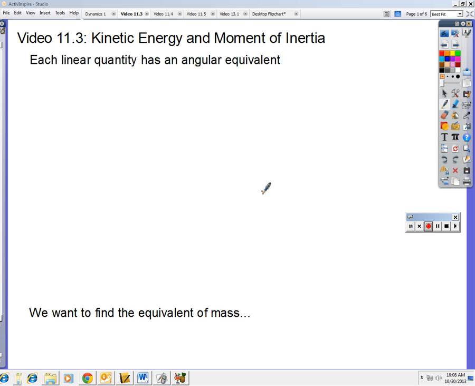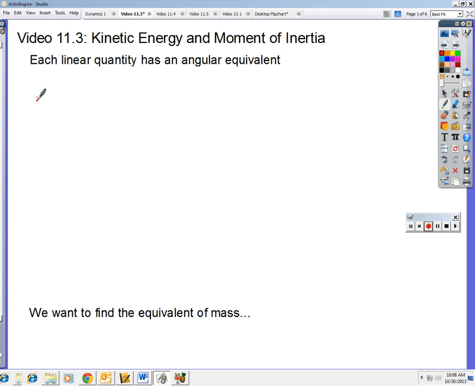But now we're getting into something interesting, and that is how energy relates to the angular variables. One thing we're going to find is that almost every linear quantity we know has an angular equivalent. The one we're going to look at now is the equivalent of mass.